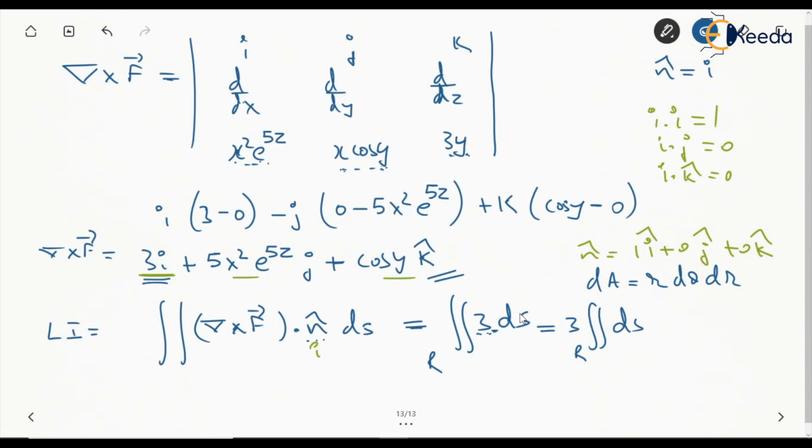And we know that if there is a constant 1, the surface integral is directly the area of that surface. So this becomes the area of the circle, pi r square, and the radius of that circle we have already discussed is 2. So this becomes 3 into pi into 2 square, which is 4. So overall this answer is going to be 12 pi.